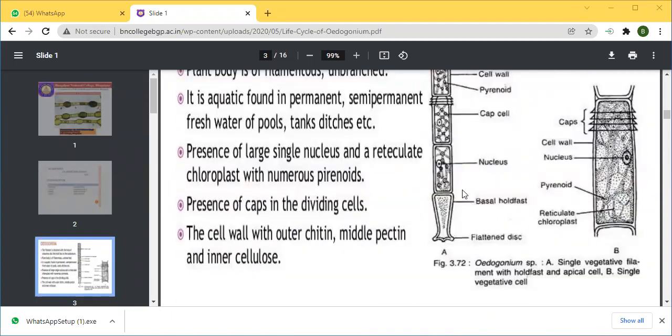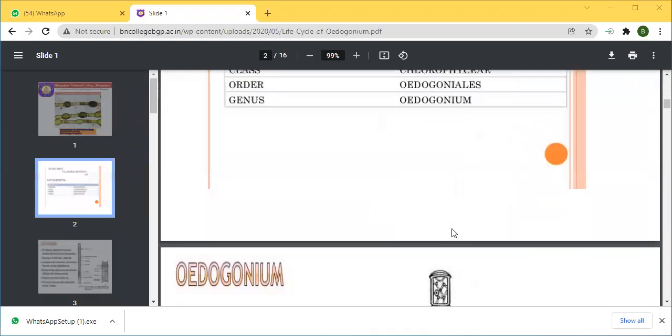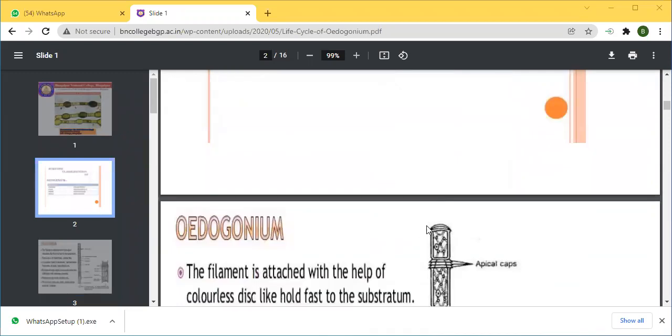The bottom cell is called the basal cell, or another name is holdfast. Basal cell or holdfast. This is the bottom cell. The apical portion cell is called the apical cell, or apical cap.